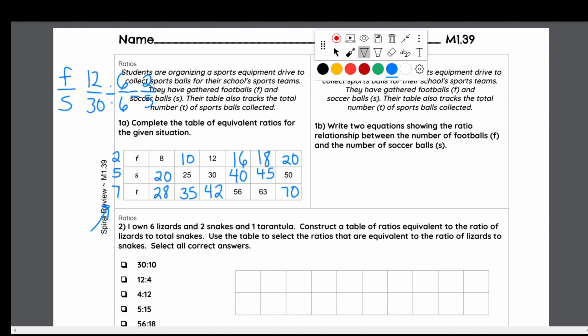And I have now completed the table of equivalent ratios. I'm going to use the information from this table to complete 1b.